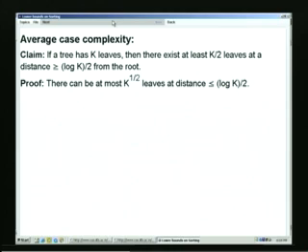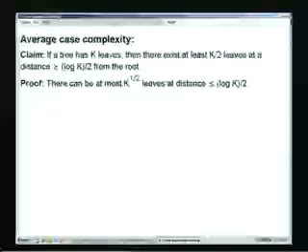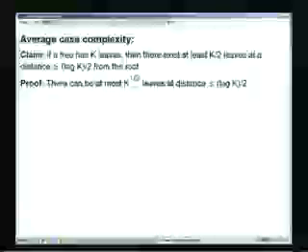So, here is the first claim. If a tree has k keys, then there exist at least k over 2 keys at a distance log k over 2 from the root. Why? Well, there can be at most square root k leaves at a distance.